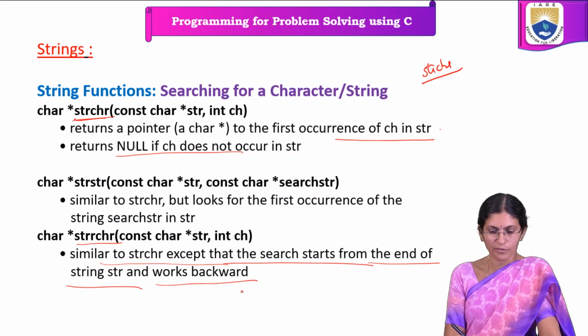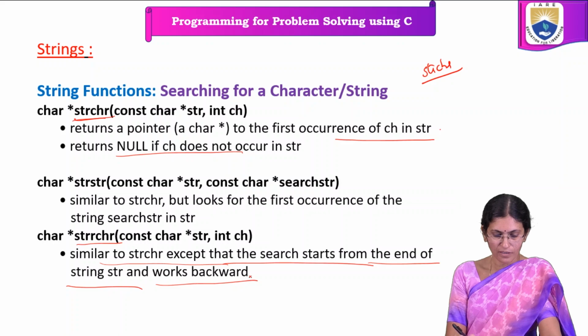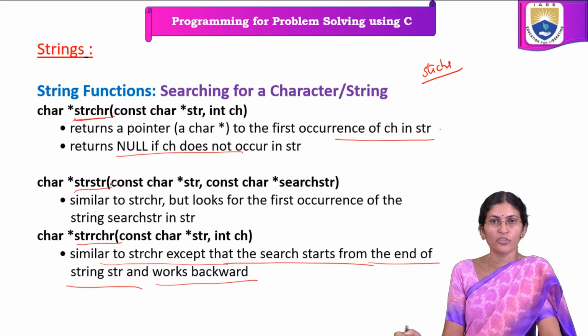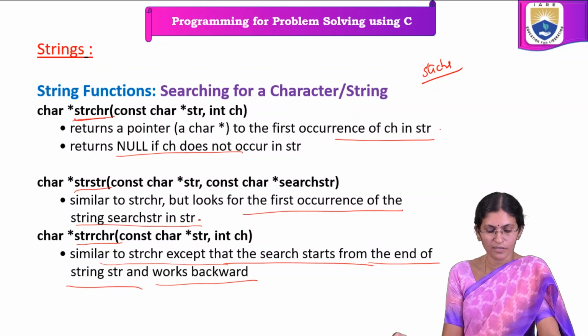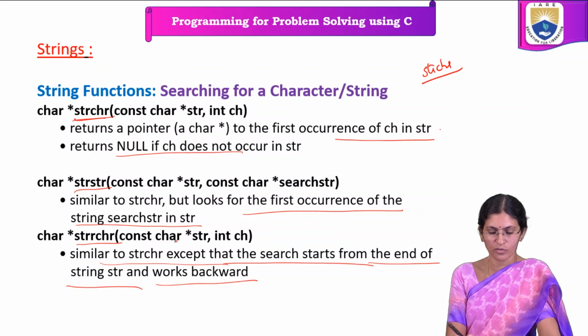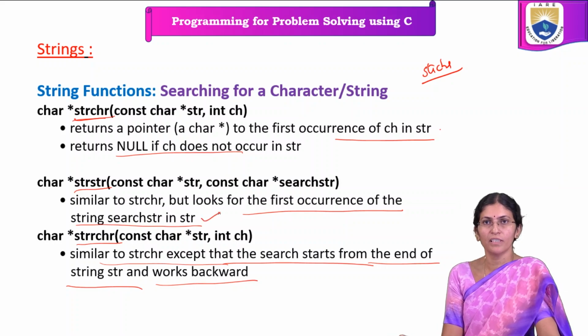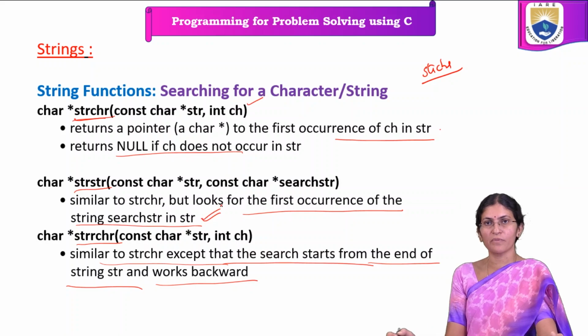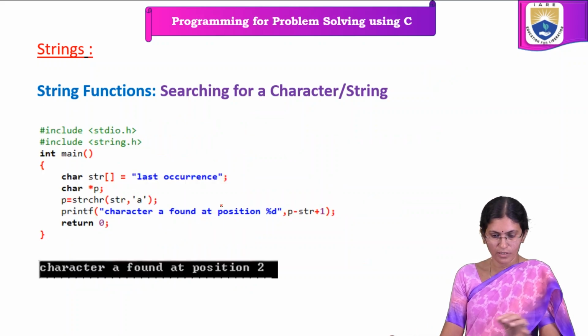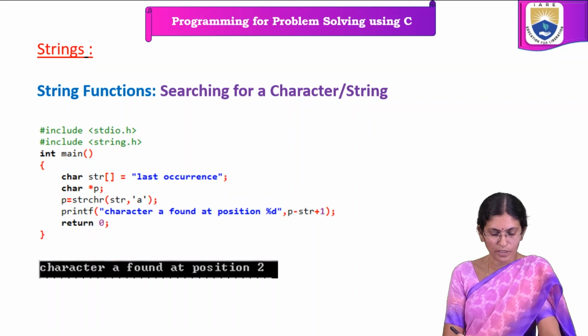That is the main difference between strchr and strrchr. Next, we have one more function, strstr. This function looks for the first occurrence of the string search str in str. So instead of a character, it checks whether a given substring is found in a string or not.